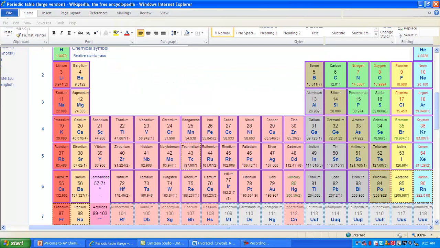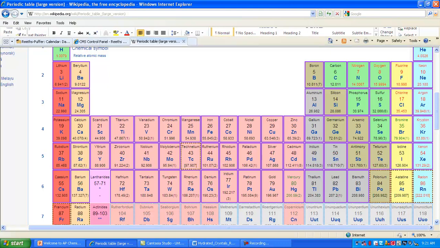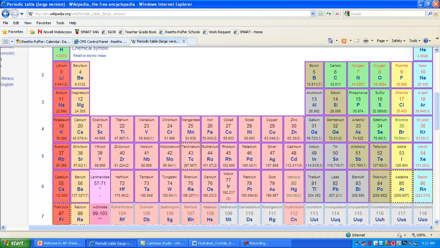Knowing that copper has a molar mass of 63.5, added to the weight of 1 sulfur, 32, plus the weight of 4 oxygens, 16 times 4, 63.5 plus 32 plus 16 times 4 gives me a molar mass of 159.5 just from the copper sulfate crystals.